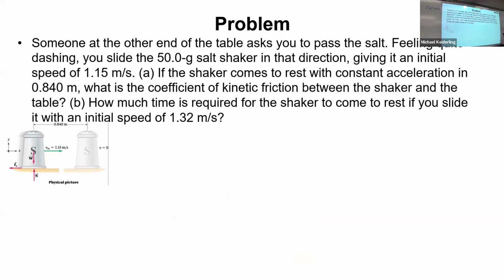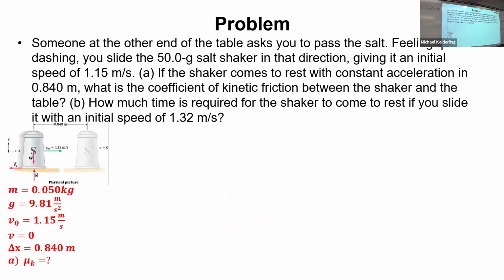So let's go over what we started with. Our mass is 0.05 kilograms. g is 9.81 meters per second squared. Our initial velocity is 1.15 meters per second. Our final velocity is 0. Our delta x is 0.84 meters.